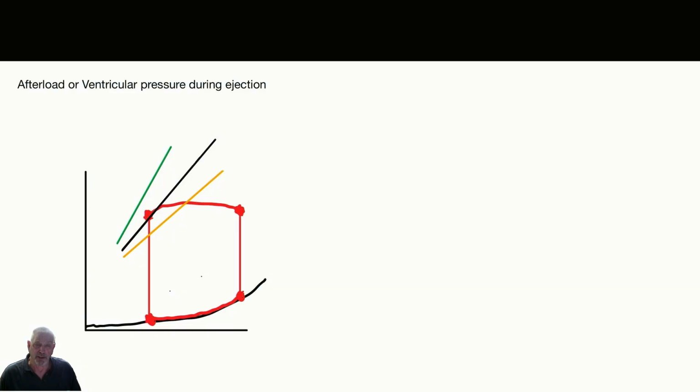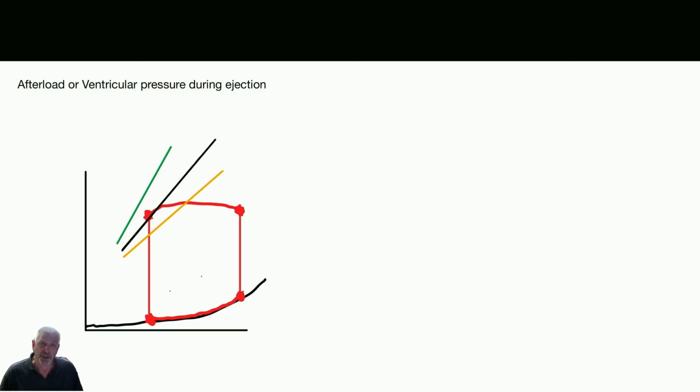Remember, afterload is the pressure in the ventricle during the ejection phase of things. And it's going to be initially seen as the pressure at which the ventricular pressure just exceeds the aortic pressure under normal circumstances.